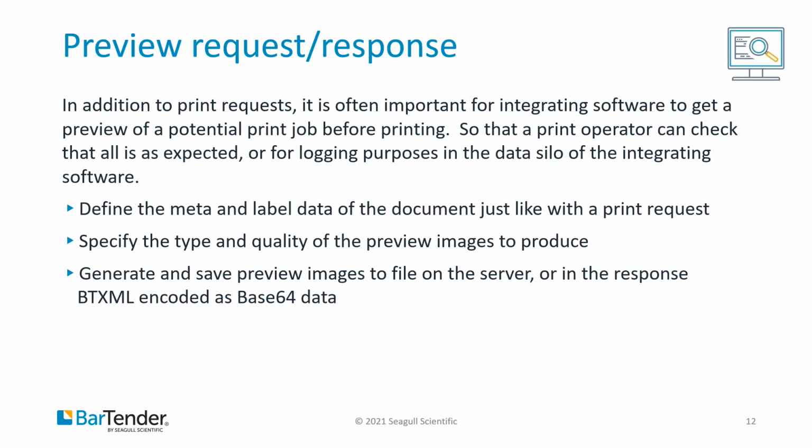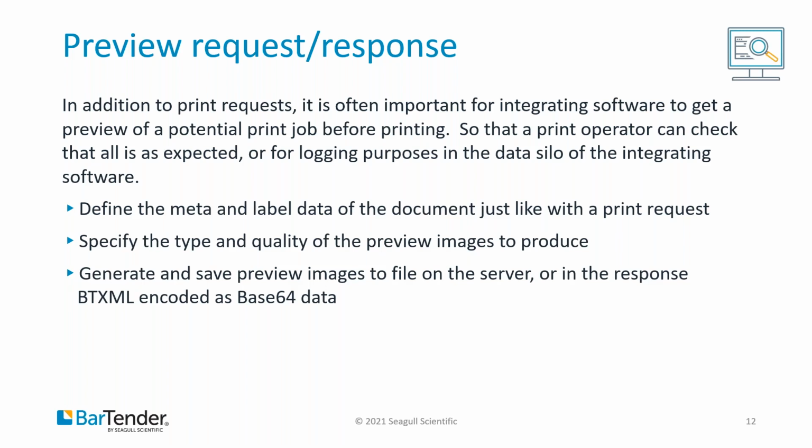As part of the preview request, you can set the meta and label data just like with a print request, but you can also specify the type and quality of the preview images that will be generated.